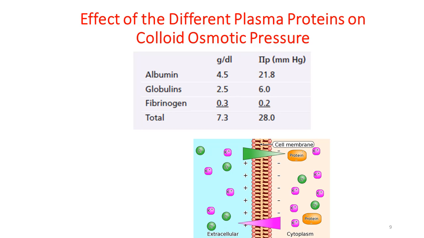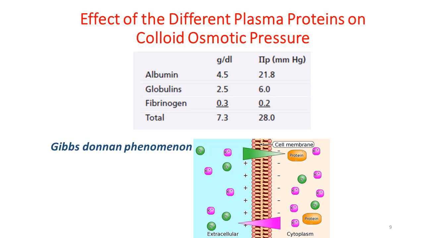A scientist named Gibbs-Donnan collected these three important proteins and measured their colloid osmotic pressure in the experimental lab, and he found that the summation of these three proteins in vitro is about 19 millimeter of mercury.